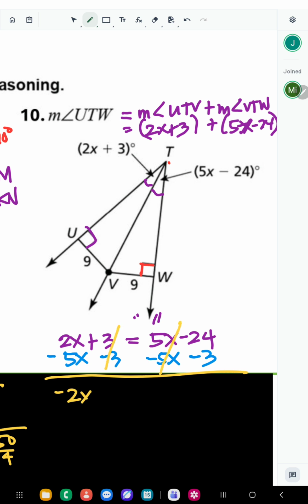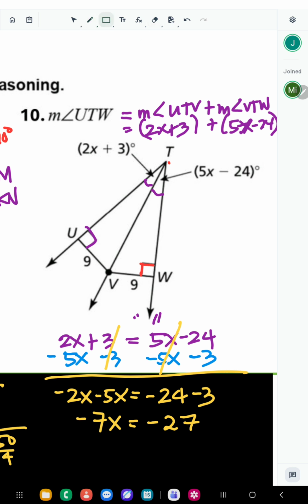So we have negative 2x minus 5x equals negative 24 minus 3. So this is negative 7x equals negative 27. No, 2x minus 5x is negative 3x, okay, my bad. So negative 3, then x is equal to 9.